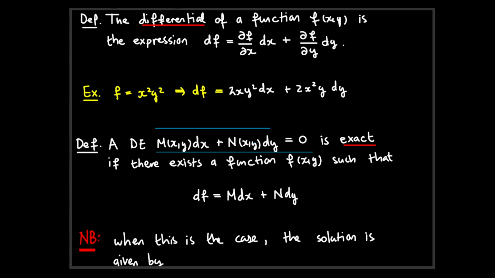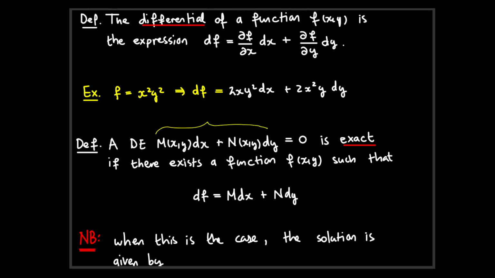When it is exact, that means there is such a function f. We don't know which one. There can be many, of course, different f's whose differential is given by this. For instance, up here, we know that the differential is f. But if I added a constant to f, it would have the same differential, but f, of course, would be different.